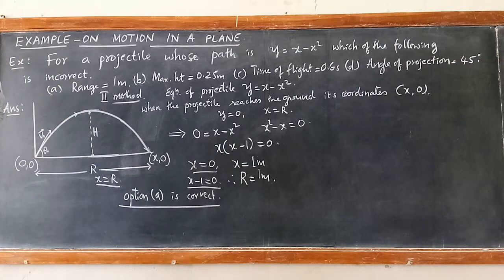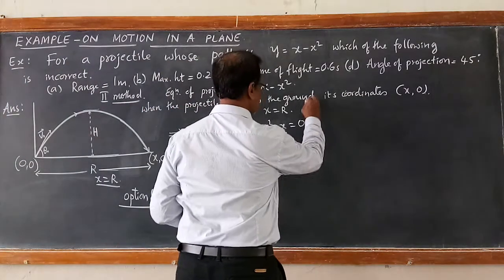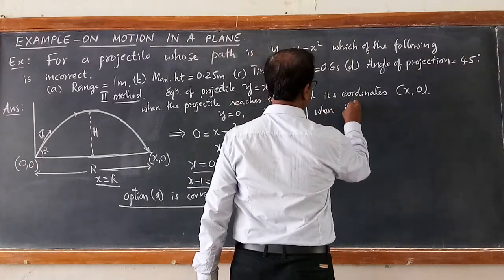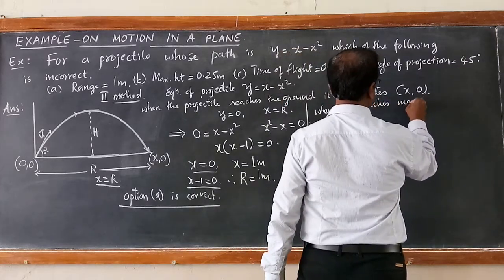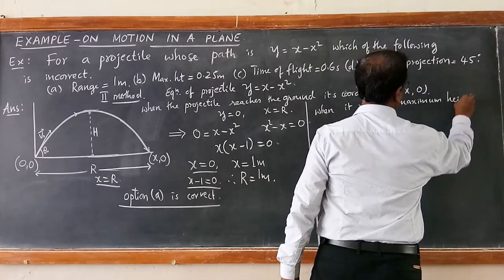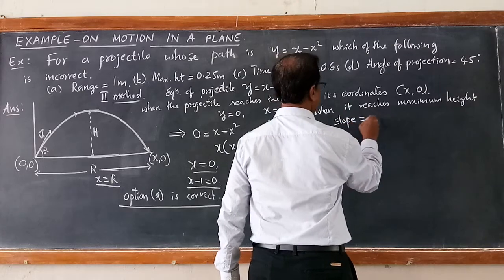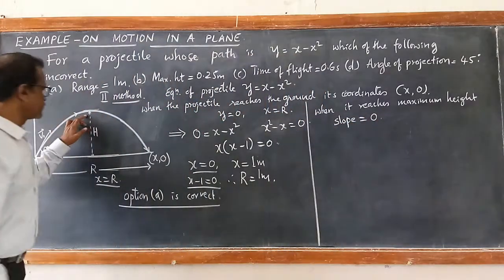When it reaches the maximum height, what happens? The slope of the graph at this maximum height becomes 0. Now let me solve that. When it reaches maximum height, slope becomes 0 because it has only x component.